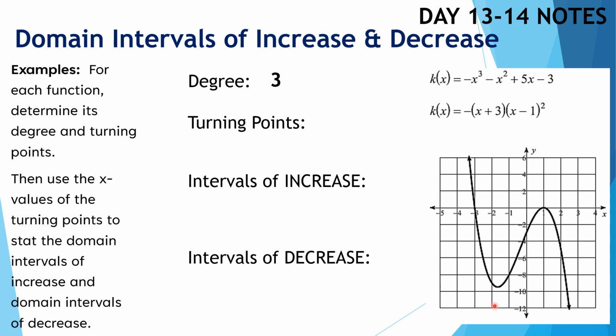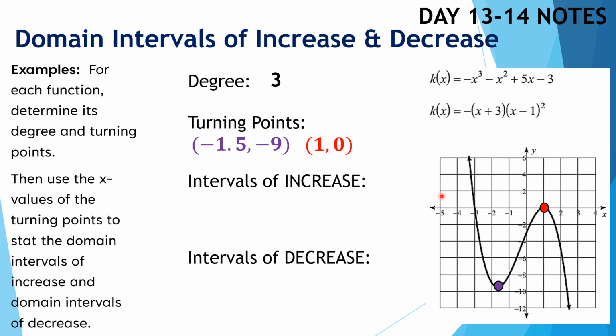The first turning point that I see occurs somewhere between negative 2 and negative 1, and that's down at about negative 9. So we'll say (-1.5, -9). Now, using our graphing calculator or Desmos.com, we can find the exact precise point. So this estimate might be a little bit off from what you would see in the calculator. And then our next turning point is actually at the x-intercept at (1, 0).